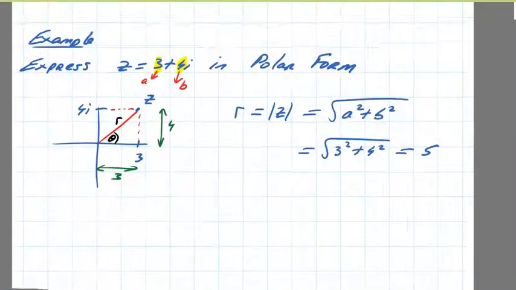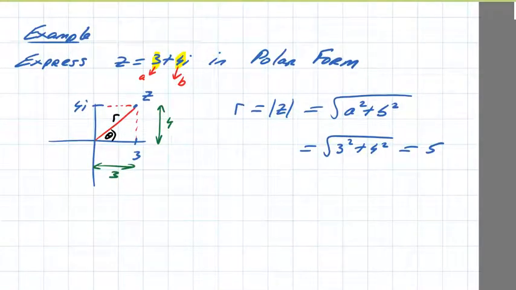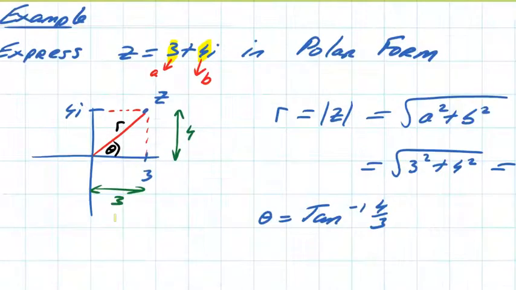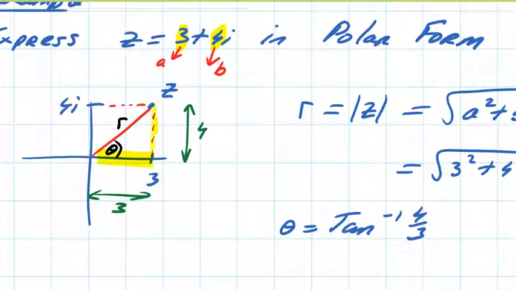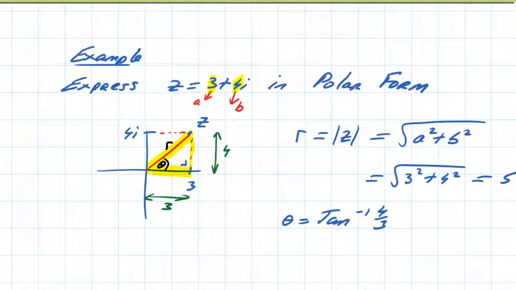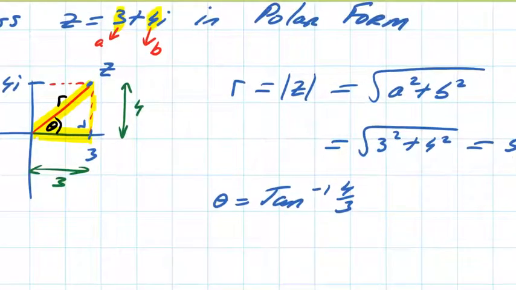And the argument, or theta, is just the inverse tan of opposite over adjacent, which is 4 over 3. If you look at the right angle triangle we're dealing with here, the tan of theta is the opposite over the adjacent, 4 over 3. So that's it. And if you work that out in your calculator, you get approximately 53 degrees.